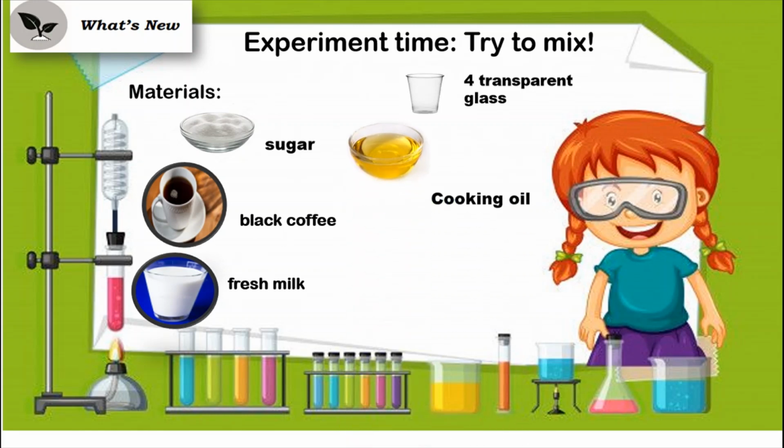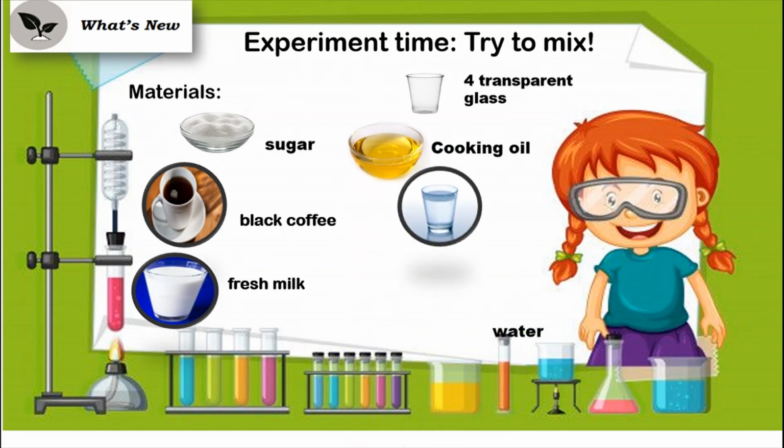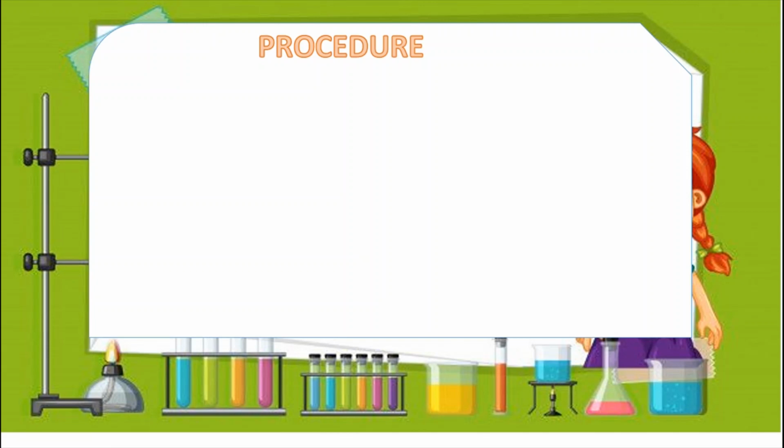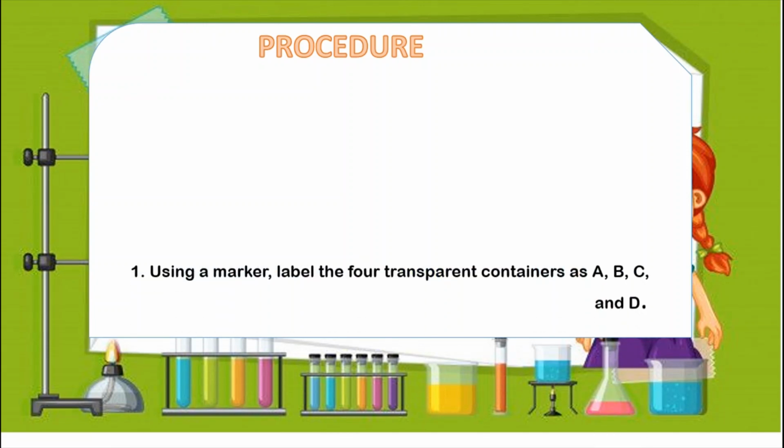Then, cooking oil and water. Then, of course, alcohol. So, these are the materials that we are going to have in order to make this experiment. Okay. So, number 1 procedure.